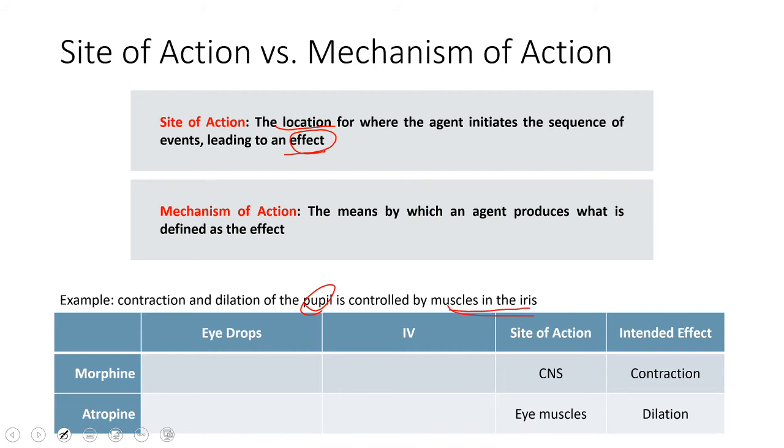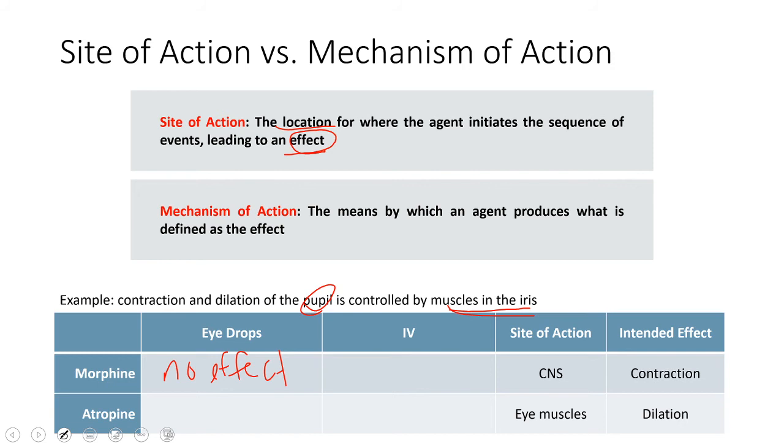In the case of morphine, its site of action is the CNS, the central nervous system, and its intended effect is contraction. If you put morphine on the eye in the form of an eye drop, then there's no effect.